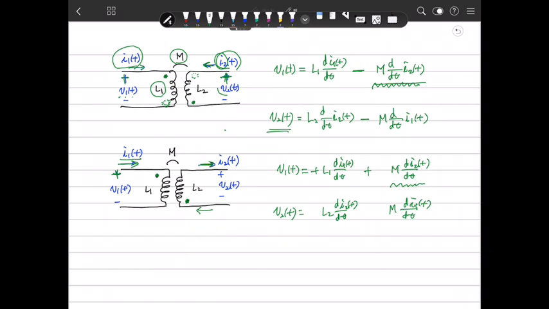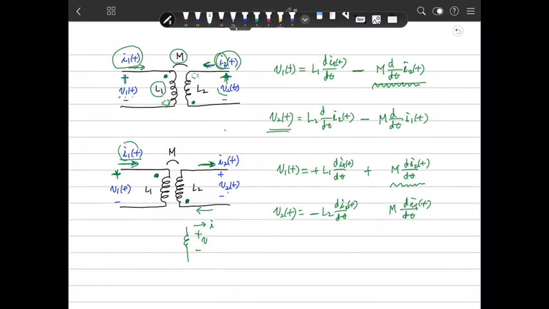So we define the direction: when you calculate a simple L, you define the voltage plus and the current in this direction here. This is the relation between I2 and V2, so therefore that is a minus. And in this case, I1 is going to that.